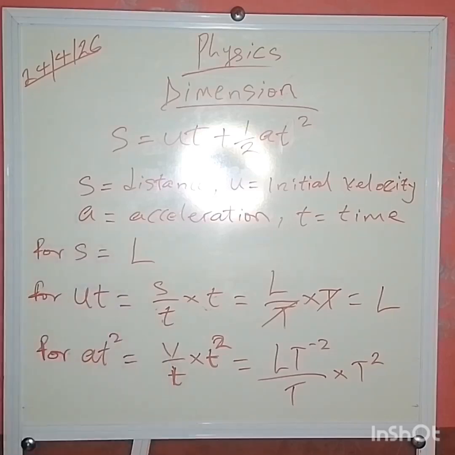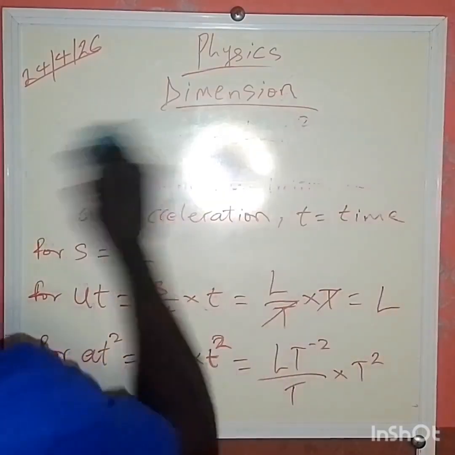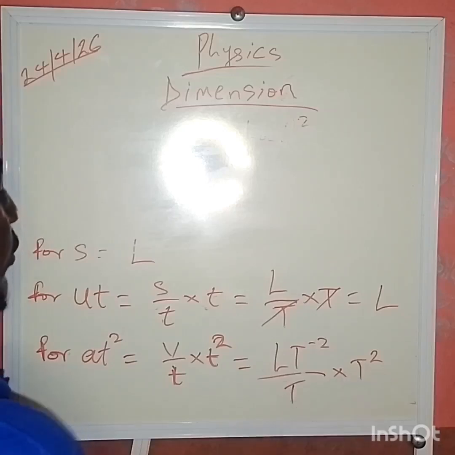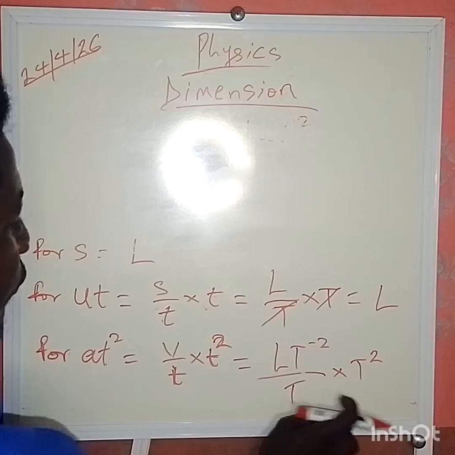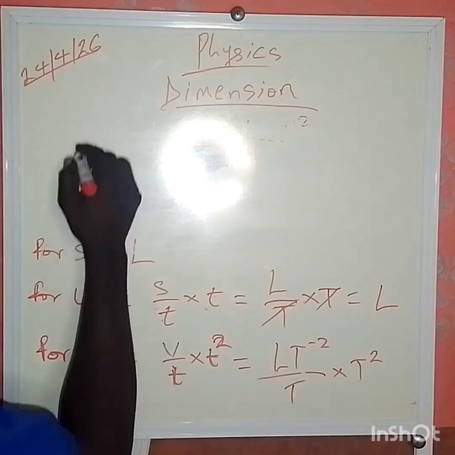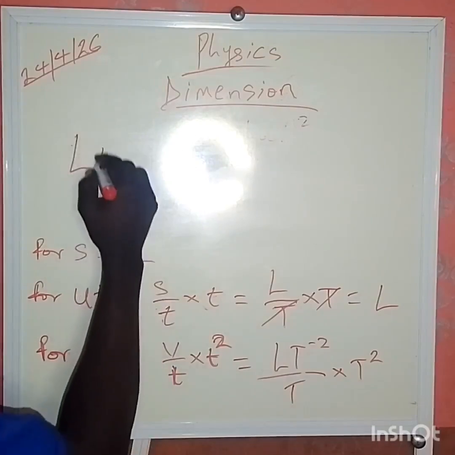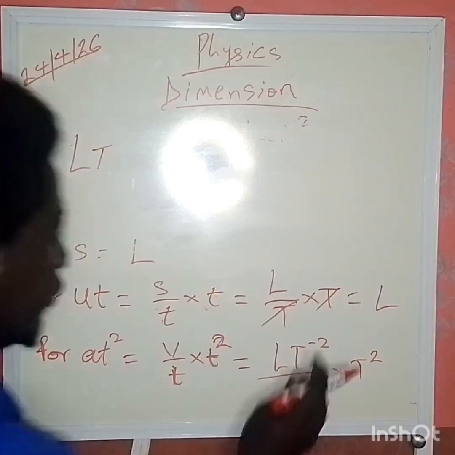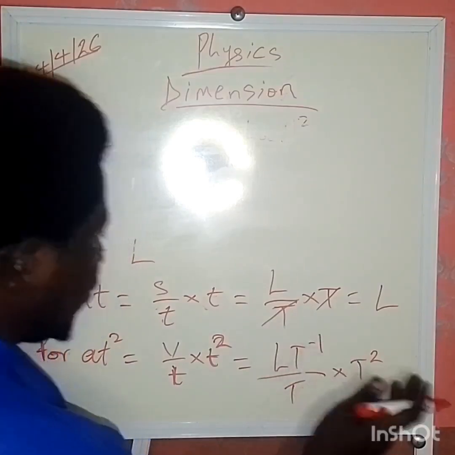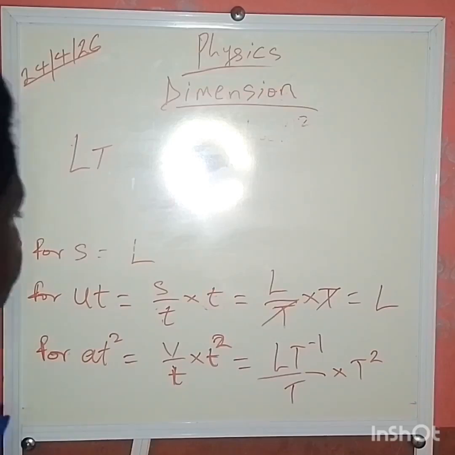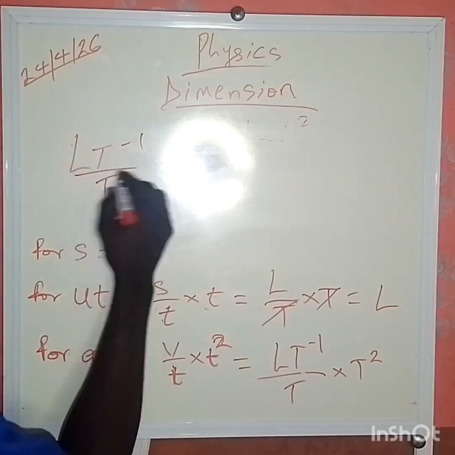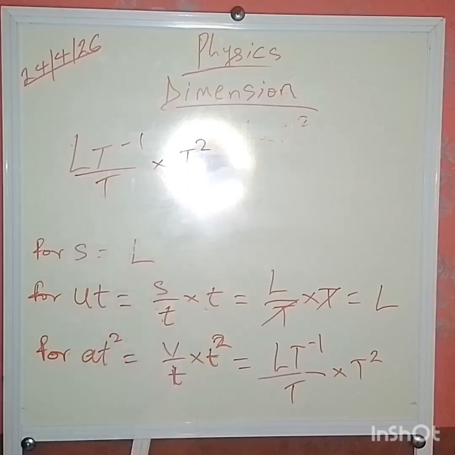Now looking at this, we can solve this further. LT to the power minus 1 over T, multiplied by T squared.